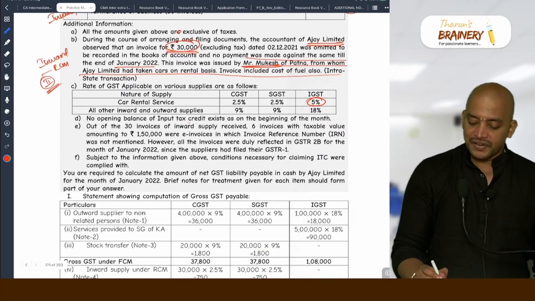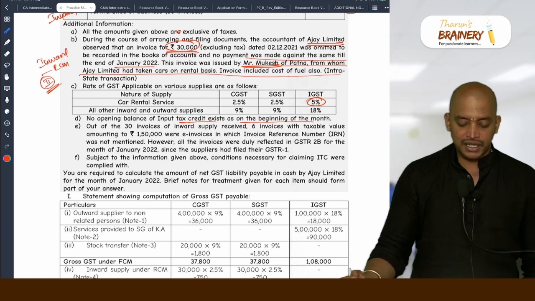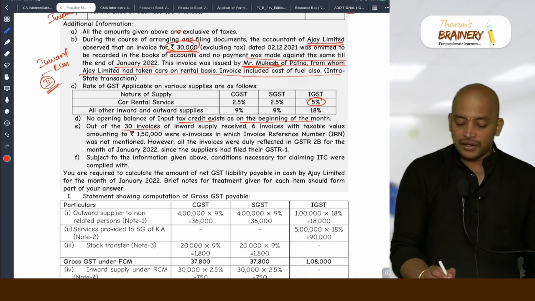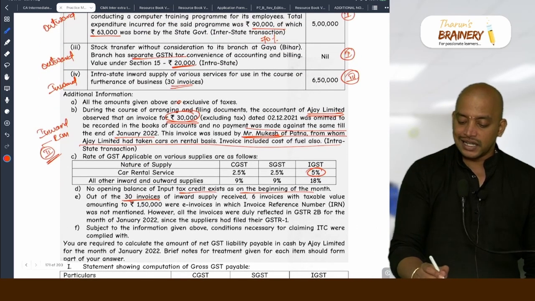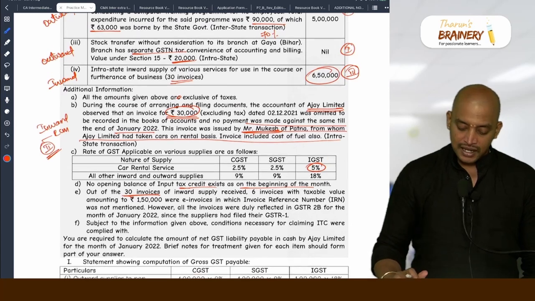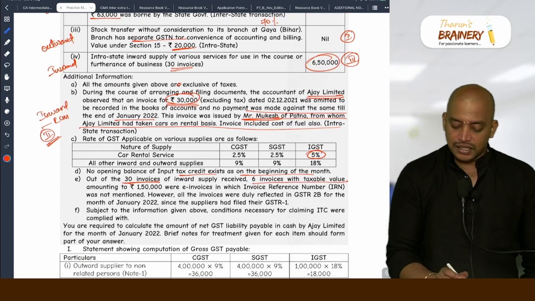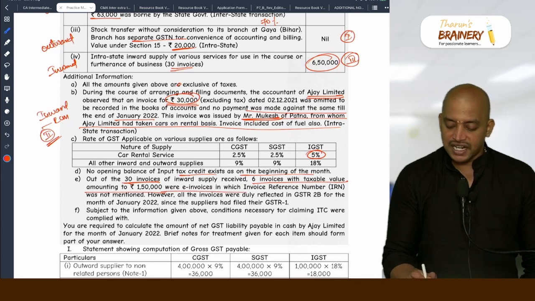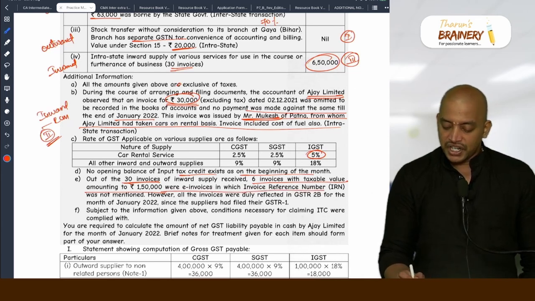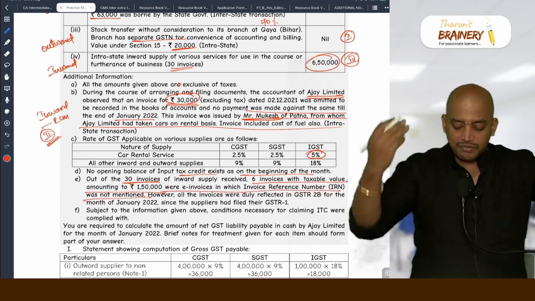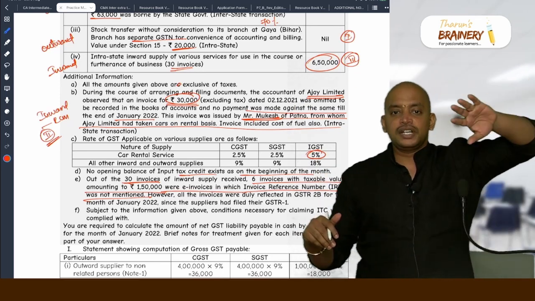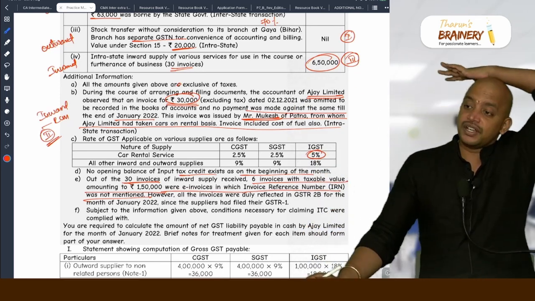No opening balance of ITC exists at the beginning of the month. Out of these 30 invoices, 6,50,000. Inward supply received: 6 invoices with taxable value amounting to 1,50,000 were E-invoices in which the invoice reference number was not mentioned. E-invoice reference number not mentioned means what?